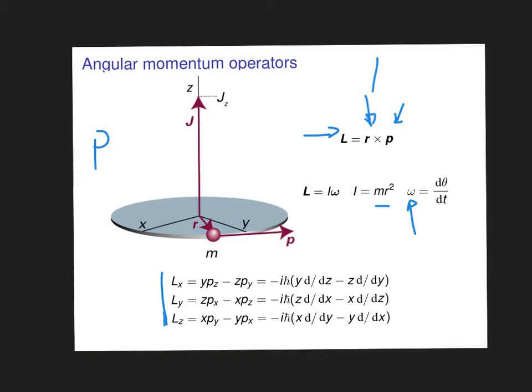Px is minus iħ derivative with respect to x. If you substitute this for px, py, and pz in the expressions, you end up with the following expression where you have derivative with respect to z and derivative with respect to y in the first, and so on. And then minus iħ is a multiplicative constant and we can take it out. Okay, this is just for definition.